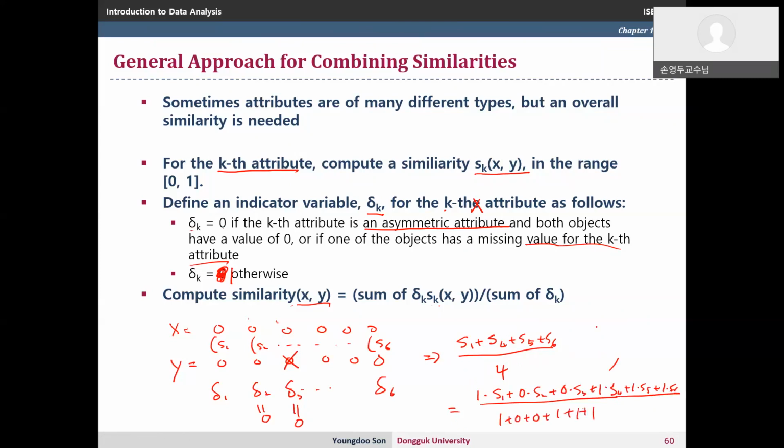This is the summation of delta_k s_k over the summation of delta_k. So it is not difficult. It is just the concept that we calculate the similarity for each attribute, choose which similarities we will use or not, and take the average of the used similarities.